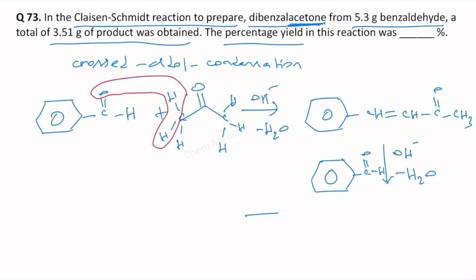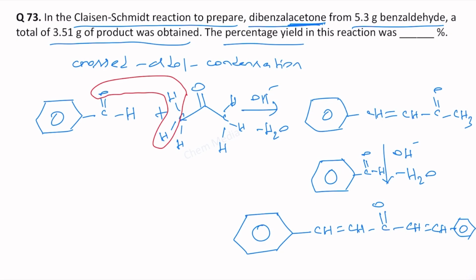So the final product is this one, and that is what we are calling dibenzalacetone. CH, C double bond O, and then again CH double bond CH, and then one more phenyl ring on this side. So this is the alpha, beta unsaturated carbonyl compound.